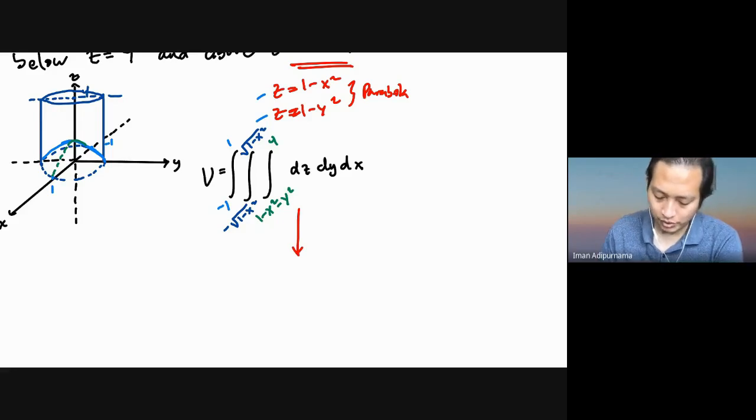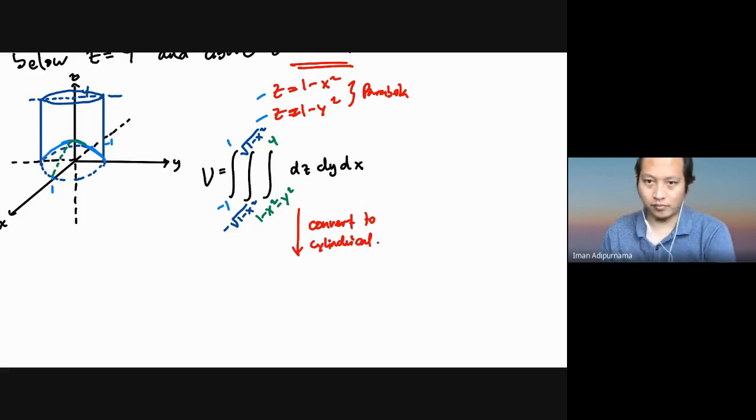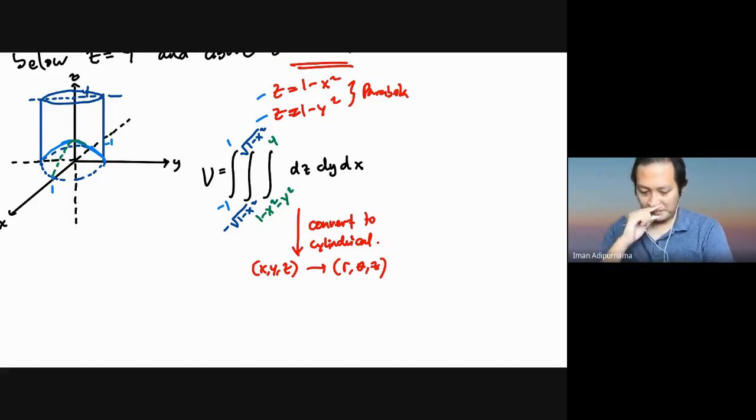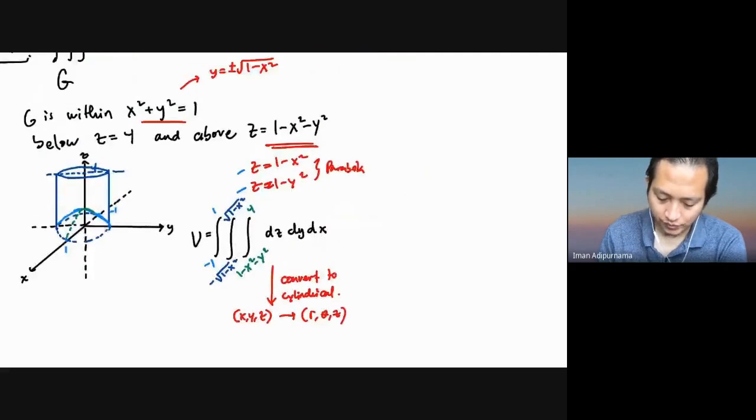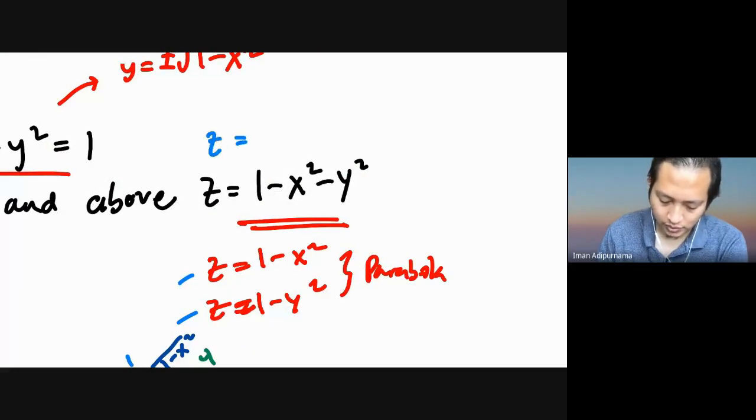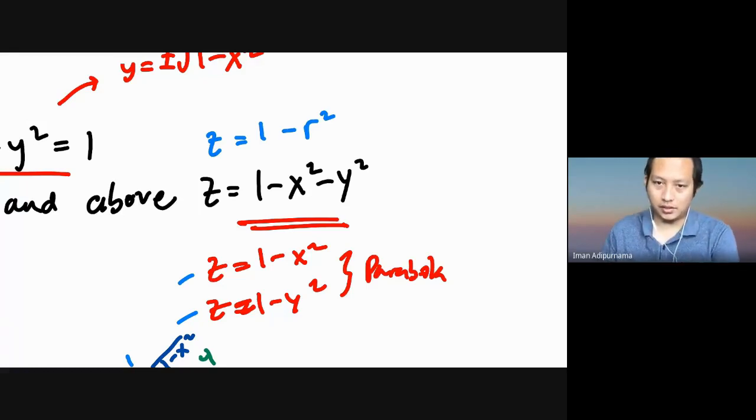So what I'm going to do now is convert to cylindrical. So xyz is going to be r, theta, and z. Now if you look here, we can write z as 1 minus r squared.